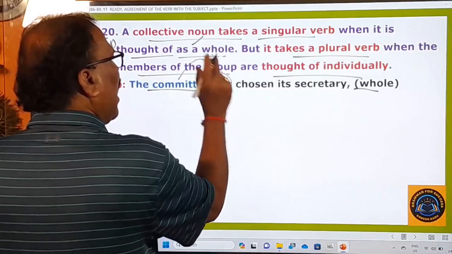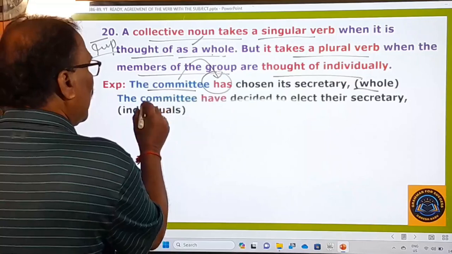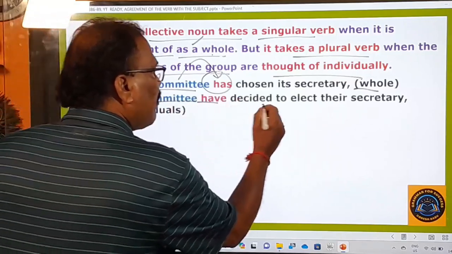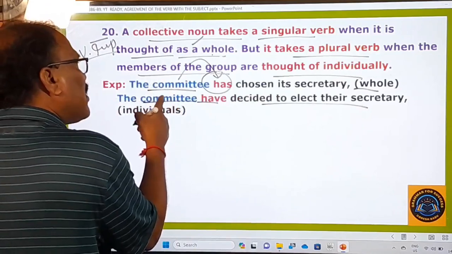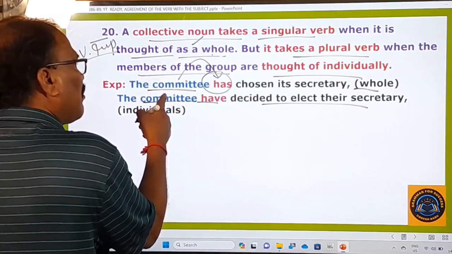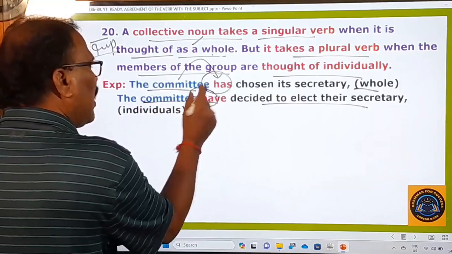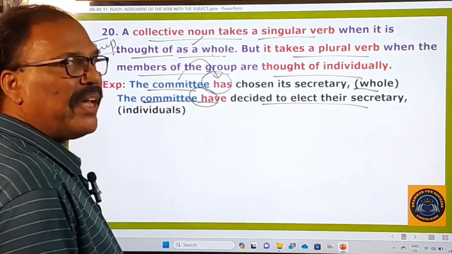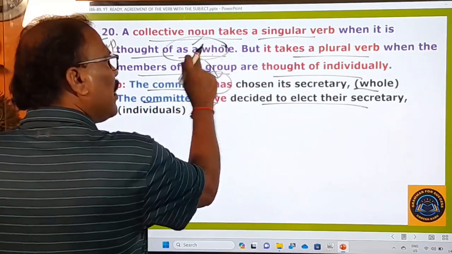The committee has. But when you think like this, for example, the committee have decided to elect their secretary. So here, when you think of the members of the group of this committee individually, then you can use the plural verb after that. As a whole, individually.